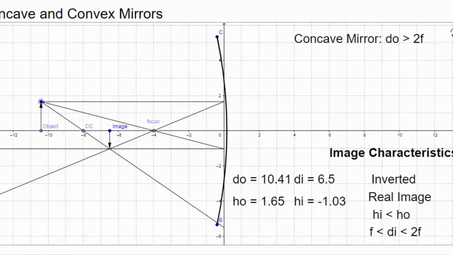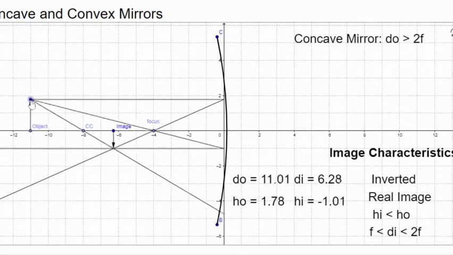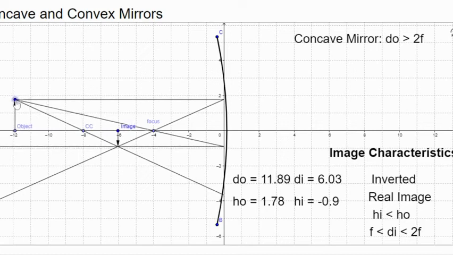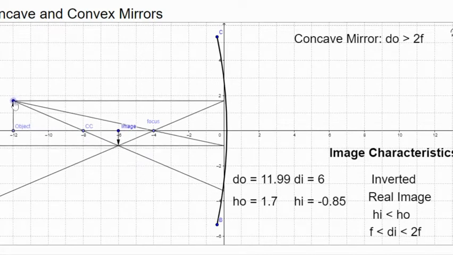Okay, so here's my first question. I'm going to put the object at a particular position. Okay, just a little bit farther. Let's see if I can get it exactly on 12.